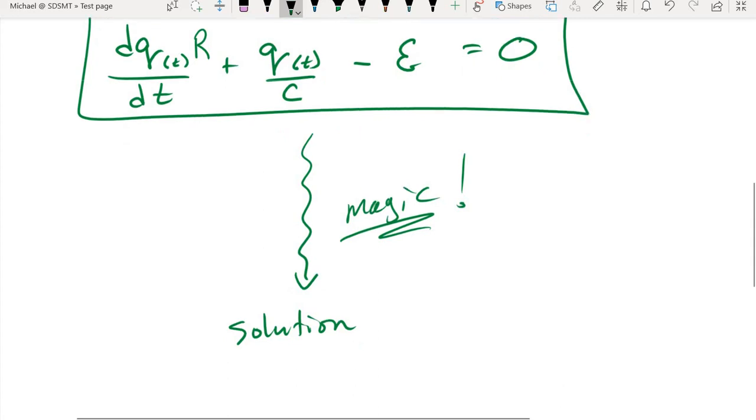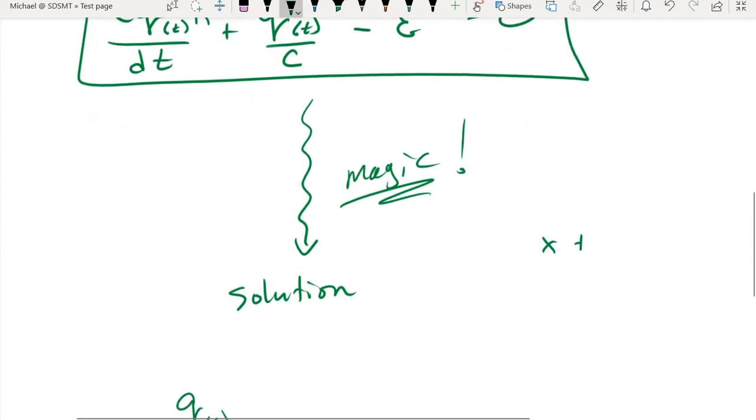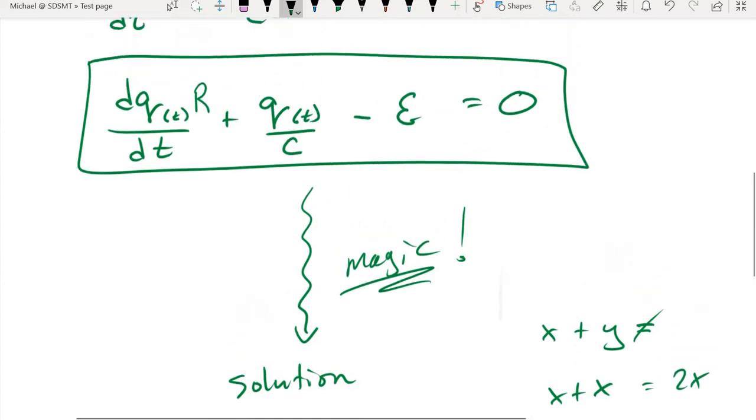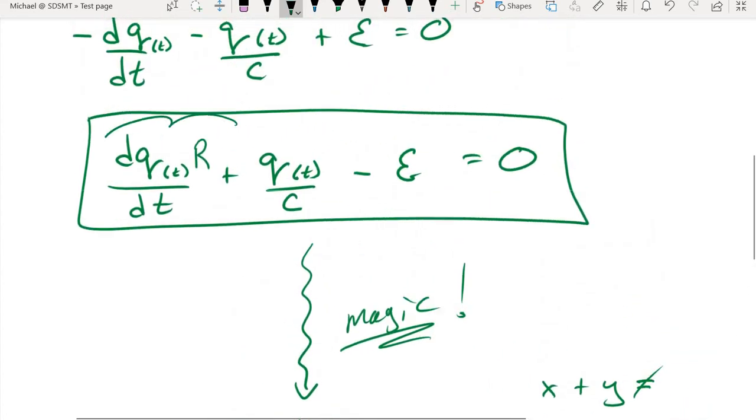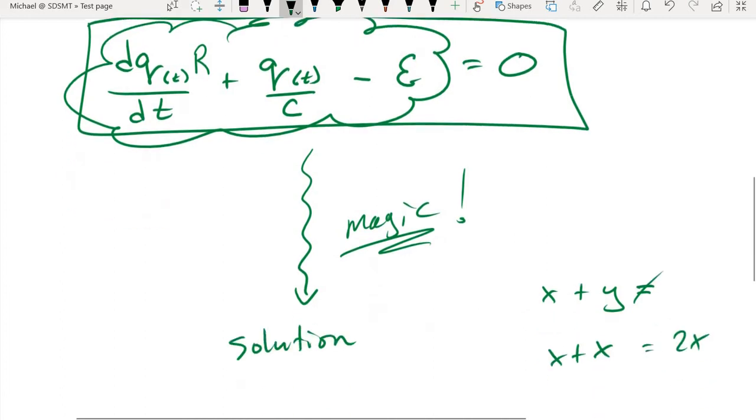So what do we mean by like terms? Well, as you know, you can't add x and y directly together, but you can add x and x. Well, if we're going to add all three of these terms together and get 0, that means that they have to be like terms of one another.